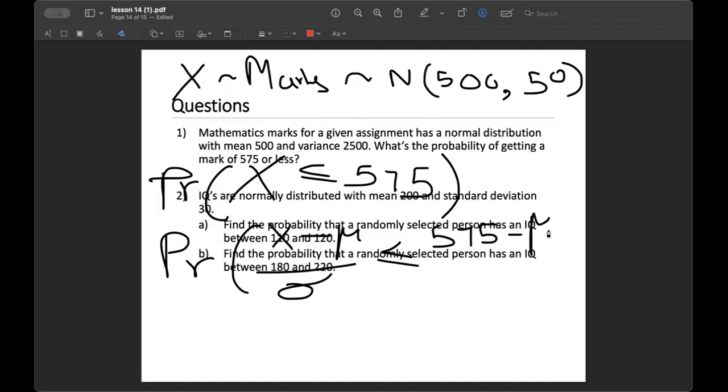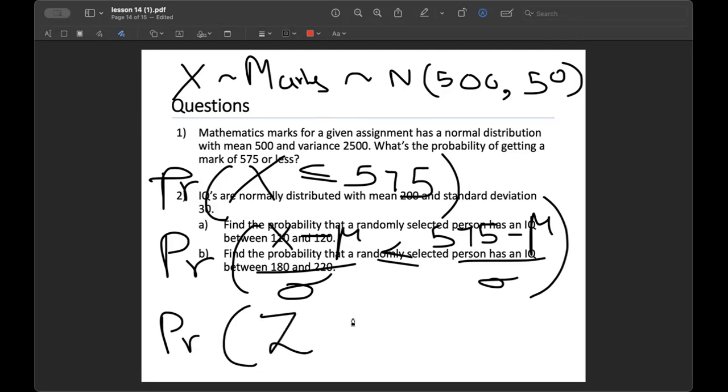575 minus mu divided by sigma. The probability of this whole part will be Z less than or equal to 575 minus 500 divided by 50. Then we have already converted into a standard normal distribution.